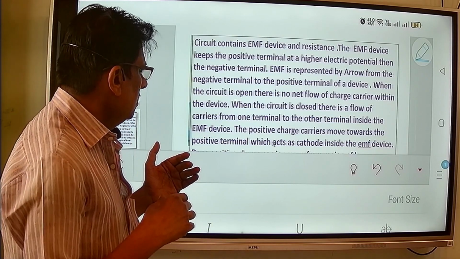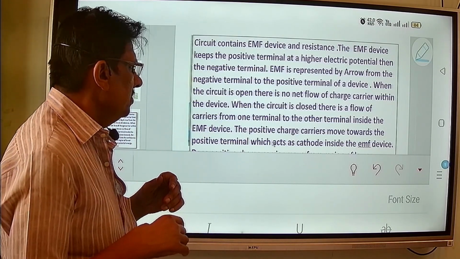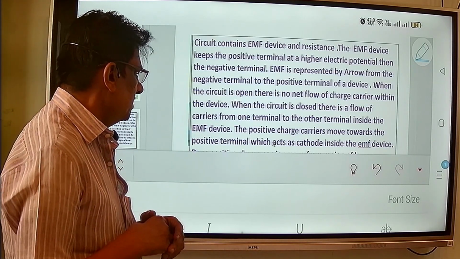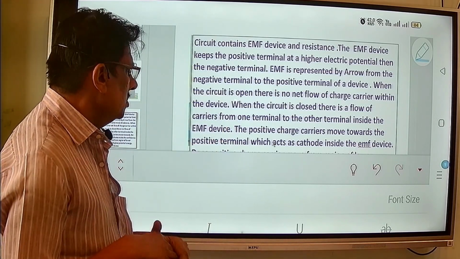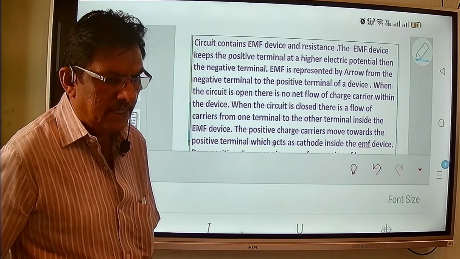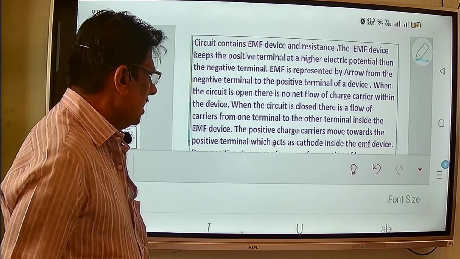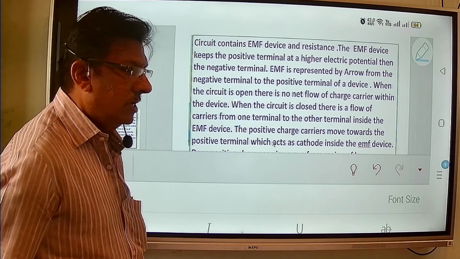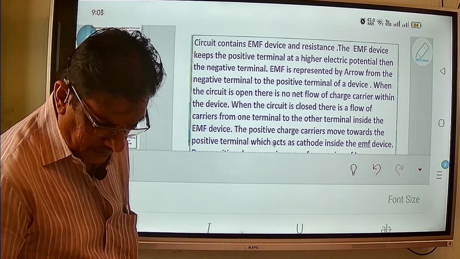Here movement is seen, and this movement is due to the EMF device. So the positive charge carrier moves toward the terminal which acts as a cathode, that is, the negative terminal, inside the EMF device.